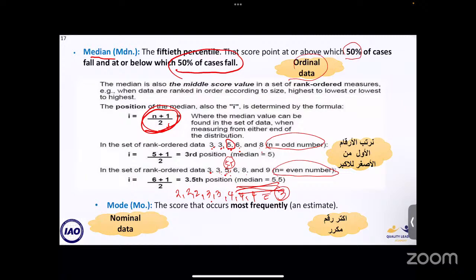Okay, so we have the data here again. So total values of 8, right? Then applying the formula, 8 plus 1 over 2, the answer is 4.5.